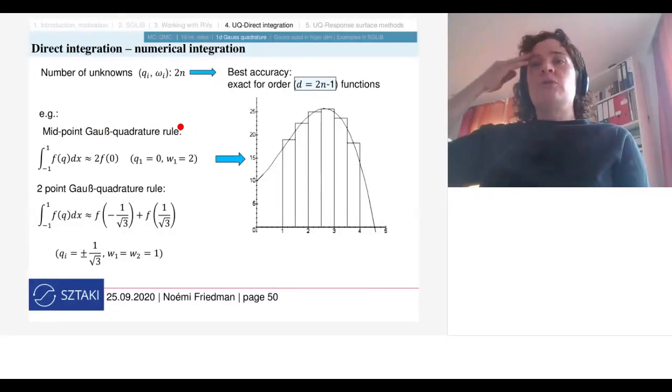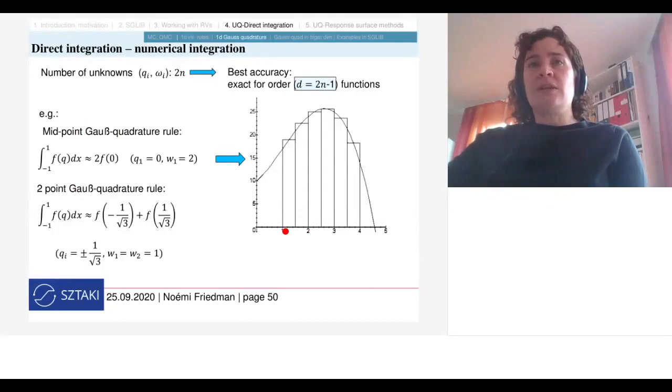I will show you a fast proof of why it's true, why I can really compute with this degree of accuracy with this integration rule. But here's an example. If I choose the point to be the midpoint rule, so I have only 1 point, but I choose it to be in the center of the element, then it turns out that I have this 2n minus 1 accuracy.